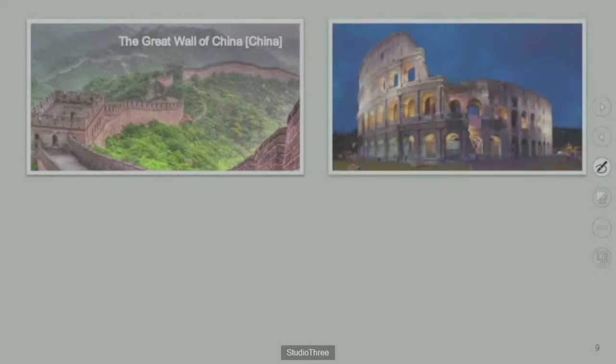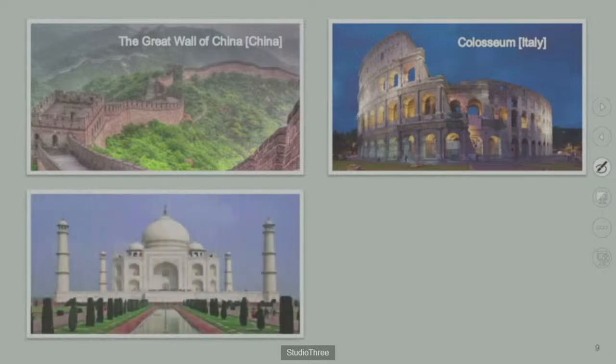Next, which is this? Can you guess? It's a Colosseum. It's in Italy, the 2nd wonder of the world. Next, I don't think that I should tell about this. This belongs to which country?